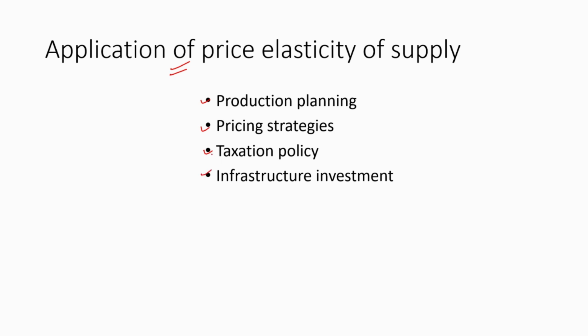Infrastructure investment. Price elasticity of supply can help in planning and investment decisions for infrastructure projects such as transportation, energy, and water supply. By knowing the price elasticity of supply of a particular industry or product, governments can predict the effects of infrastructure investment on supply.